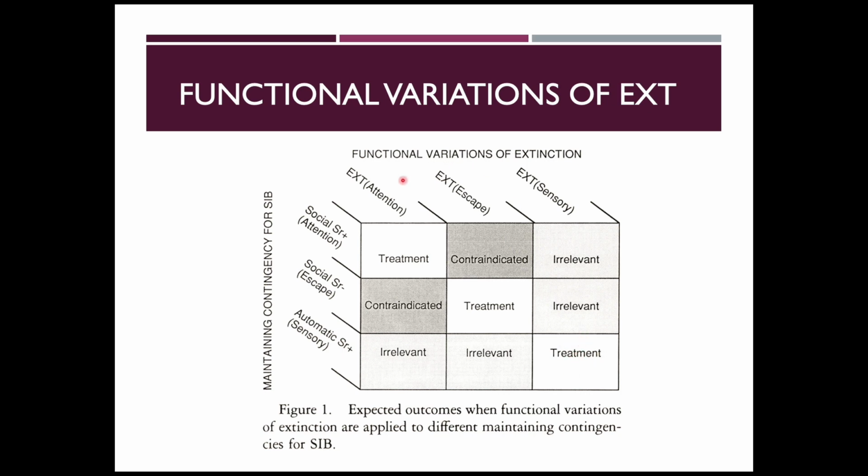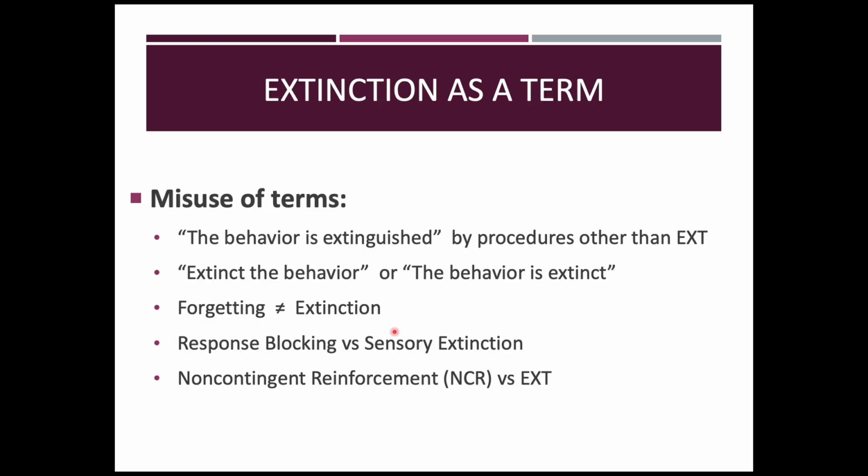So this matrix here outlines, one, the requirement that we have to know what the reinforcement is, what the maintaining contingency is for the behavior before we implement extinction. Two, this highlights conditions under which the wrong application of extinction could worsen behavior. So Iwata actually set out to do that, and we'll talk about that article in a couple slides here.